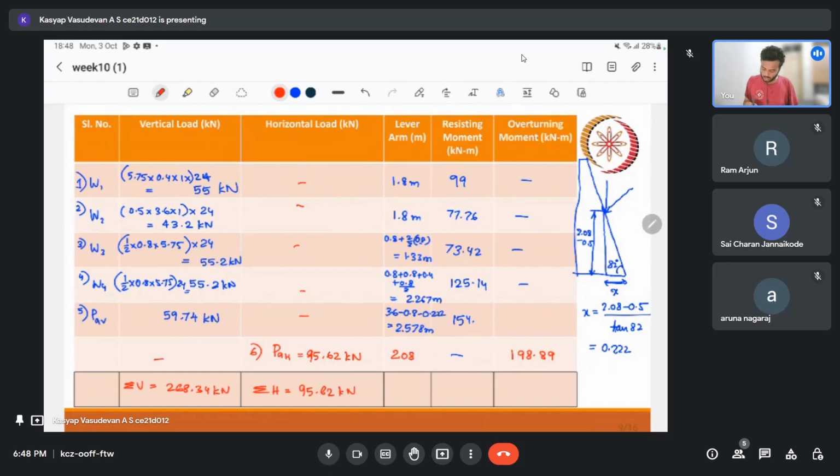And if we add all the restoring moments, I'll rather write this in blue color so that there is no confusion. In the force, it doesn't play much role, but in the moment I should stick to the color code. So if I add all the restoring moments, I'll get the total restoring moment. I'm writing it as MR as 531.24.